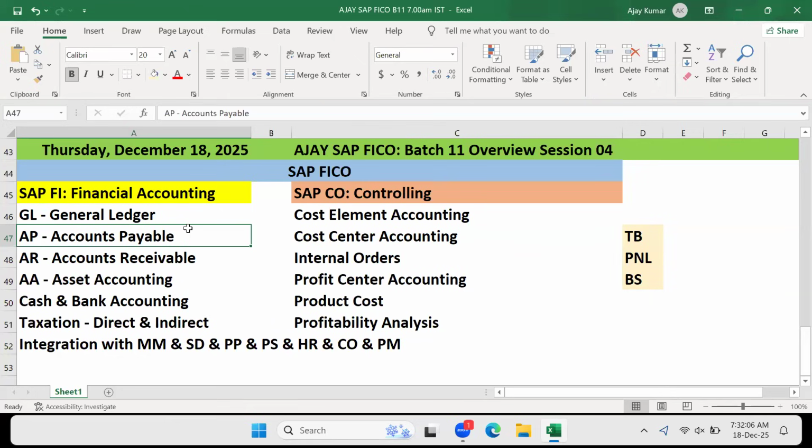Now accounts payable does not hold any value on its own. It is the summary of all vendor balances, right? Correct or not? Yes. Accounts payable is a summary of all your vendor balances. Similarly, when you go to accounts receivable, what is this?